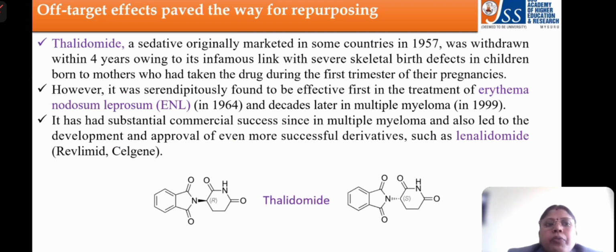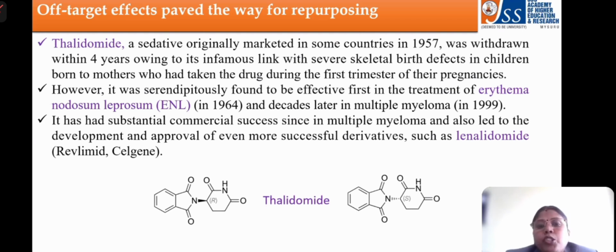Another example, we know very well, is thalidomide. Thalidomide was originally intended as a very good sedative. But unfortunately the drug was withdrawn because pregnant women who took this drug during the first trimester gave birth to children with severe skeletal birth defects.